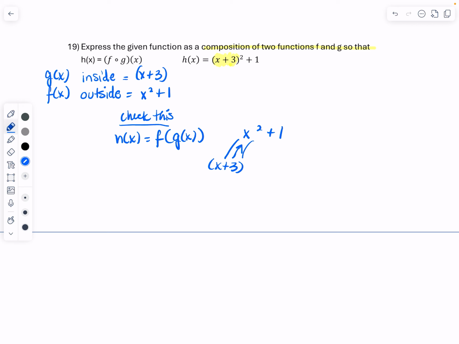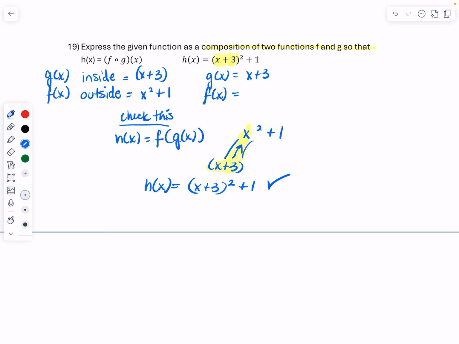When I merge the two together, and again, I'm just checking this, I get x plus 3 quantity squared plus 1, which checks out because that's my original function. So, to write the answer, g of x equals x plus 3, and f of x equals x squared plus 1.